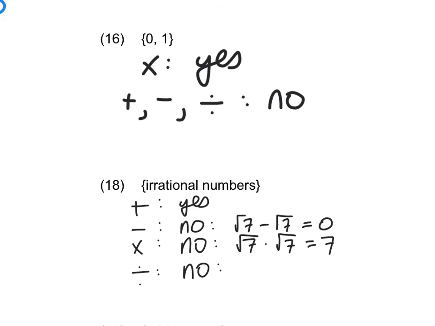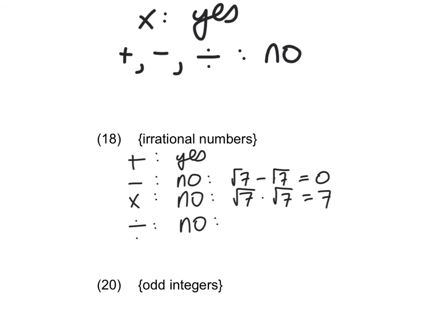I agree wholeheartedly. But say it out loud this time instead of using telepathy, so everybody else can hear it. Radical 7 divided by what? Divided by radical 7 equals 1. Right? Not irrational.